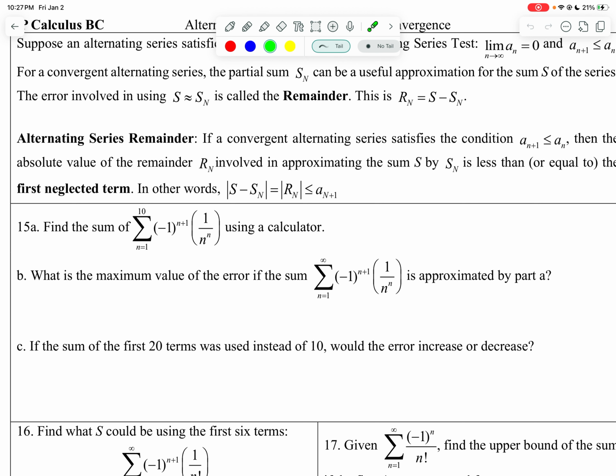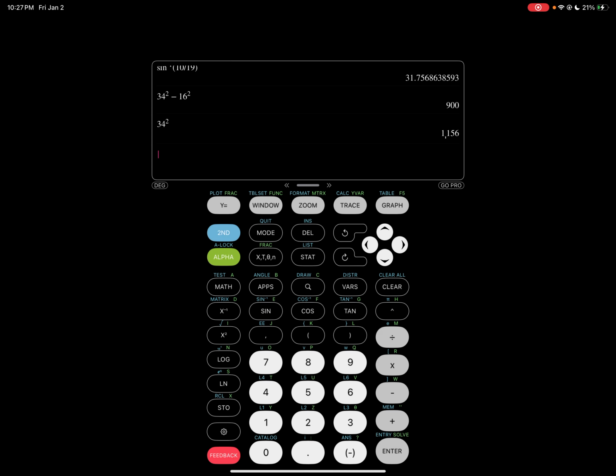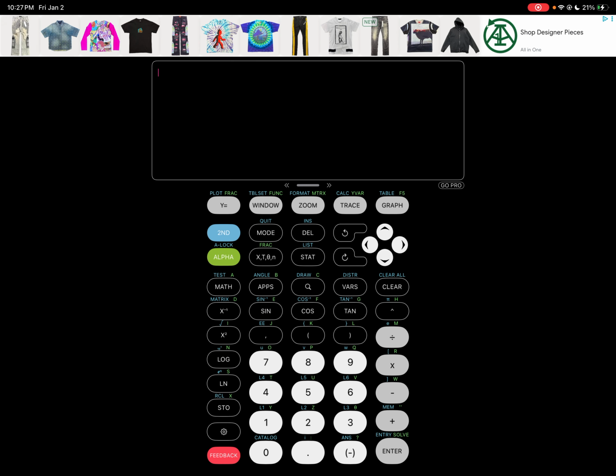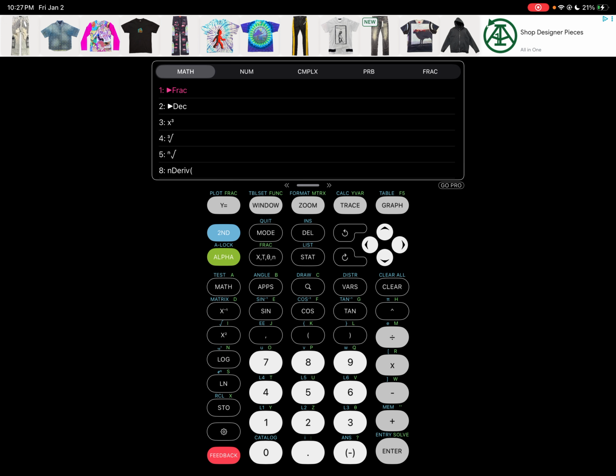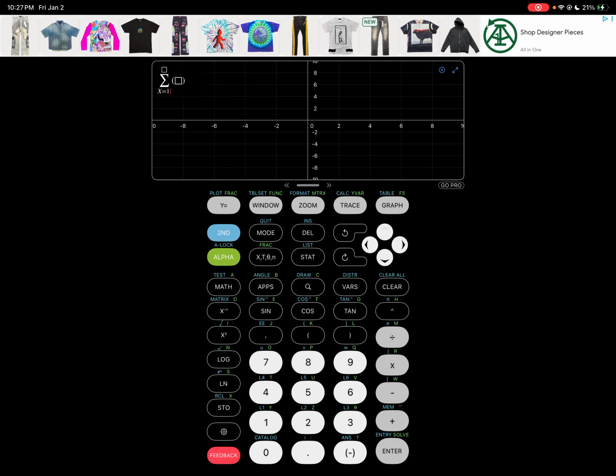So for number 15 here, we are going to find this sum right here using a calculator. I guess I have to pull up my handy dandy calculator, huh? All right, so let's see. Hopefully we don't get any ads. Summation is going to be at the very bottom. We have 1 all the way to 10.